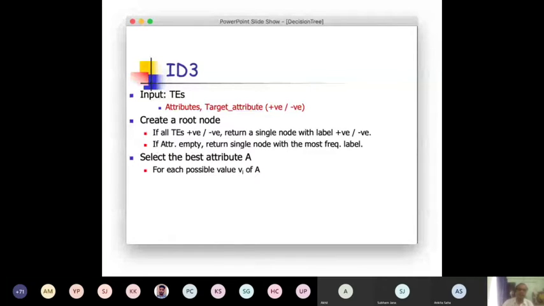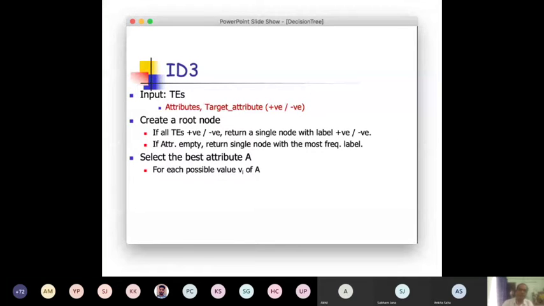And then you consider branching over the possible values of this attribute. We are considering here that the attributes all have discrete values, and a finite number of values. So you have a finite number of branches, depending upon a value.